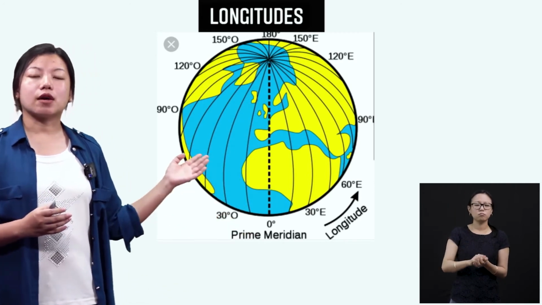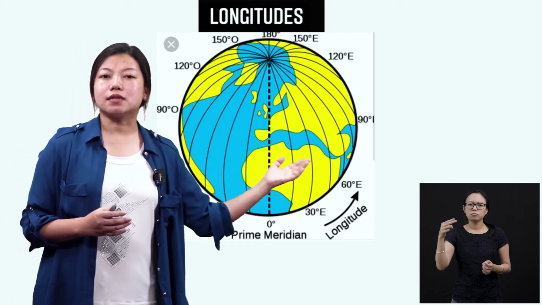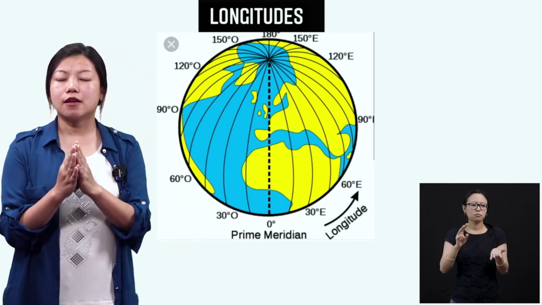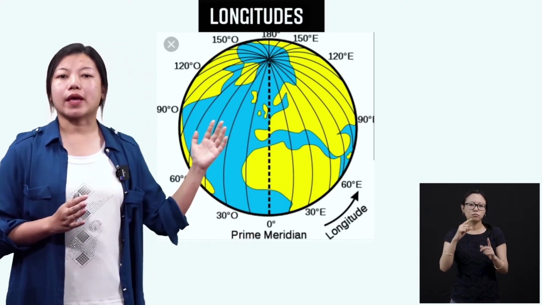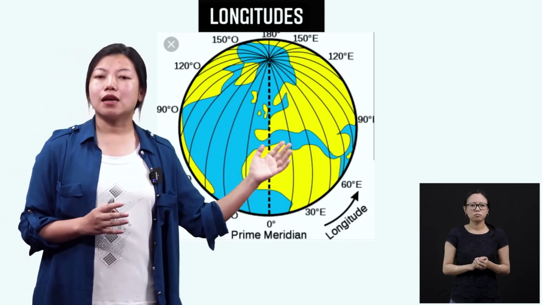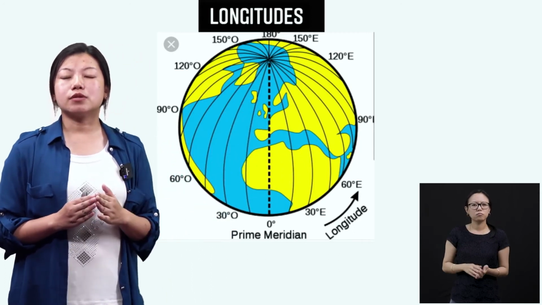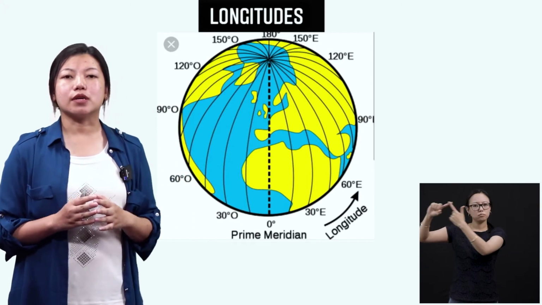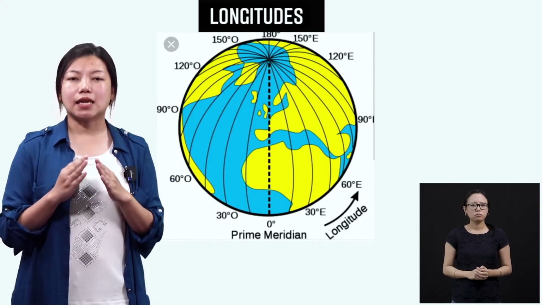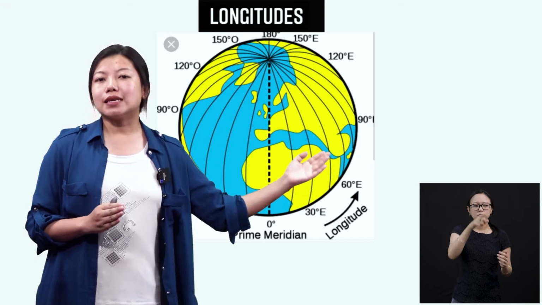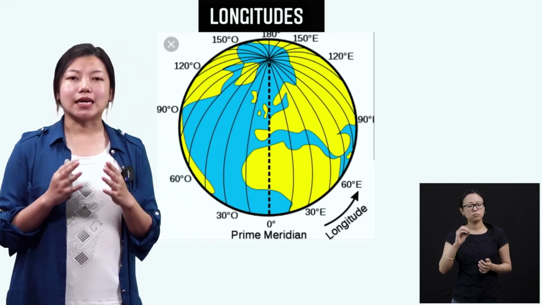All right, now this prime meridian divides the Earth into 2 parts again, one towards the west and one towards the east. Now here in longitudes, towards the west, there is 180 lines, and towards the east, we have 180 lines again.